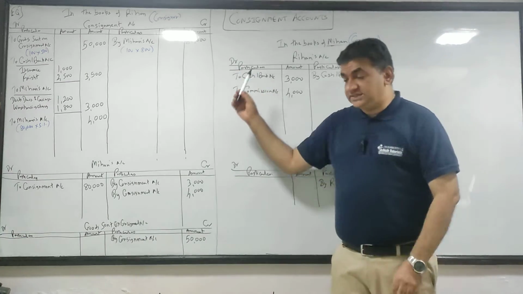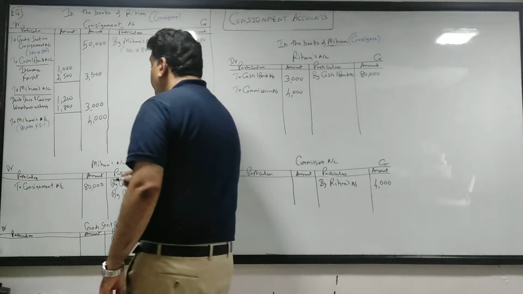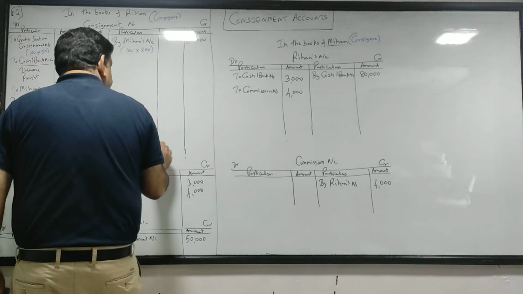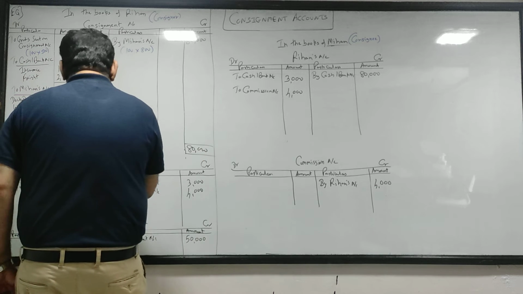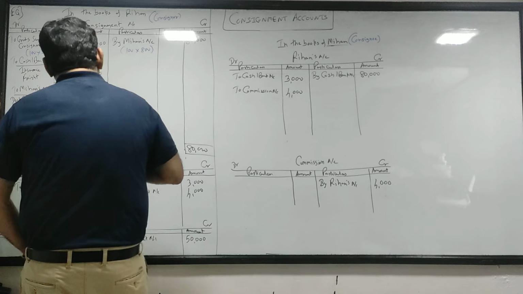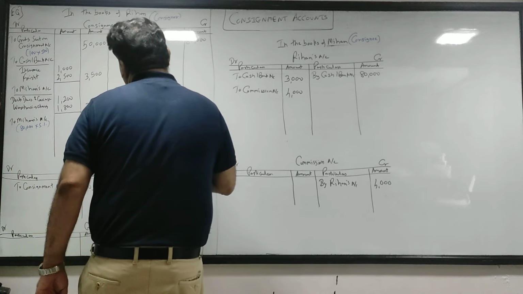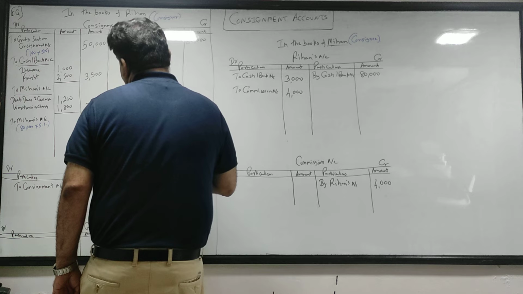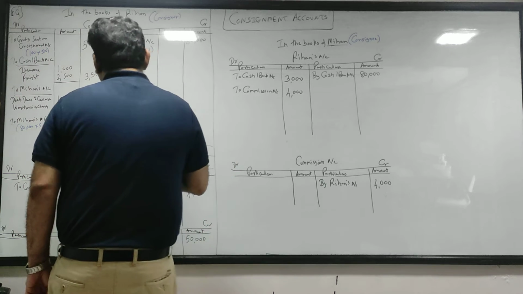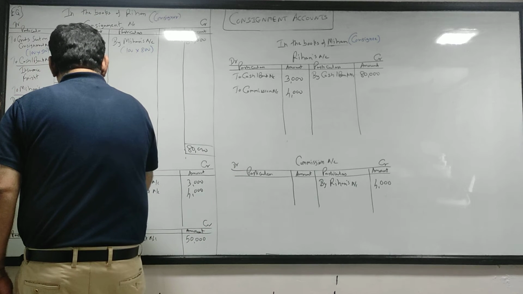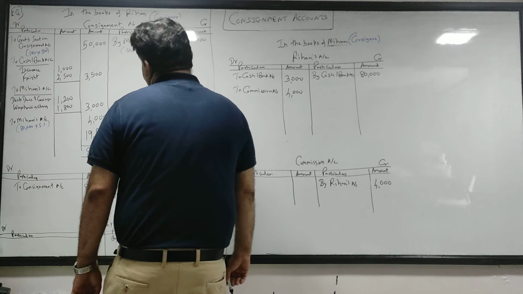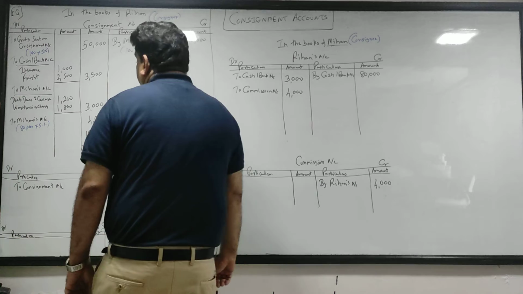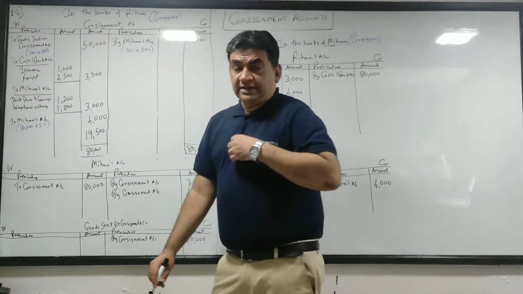ओके चलो, नाउ लेट स्टार्ट बैलेंसिंग। पहले कंसाइनमेंट को बंद करते हैं। क्रेडिट साइड इज ग्रेटर. 80,000, 6,500, that means 19,500.